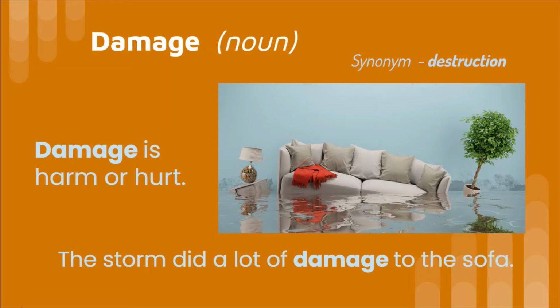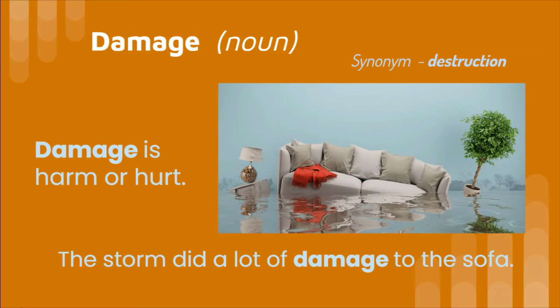Look at the illustration that I have there for you, and let's read the sentence together. The storm did a lot of damage to the sofa. Excellent. Now, a synonym of damage, or a word that has a similar meaning, is destruction. Let's say destruction. Okay, very nice.